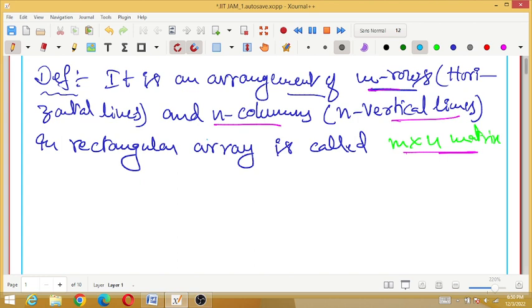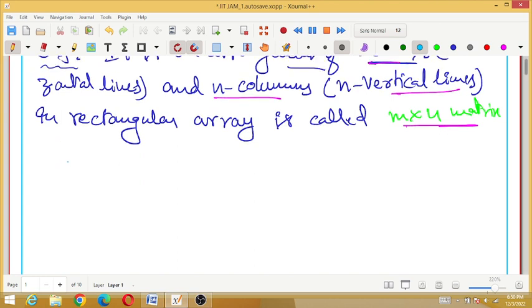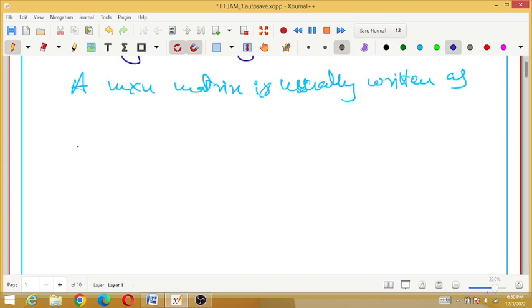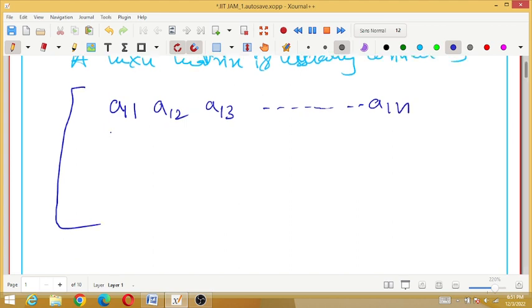Now next, an m by n matrix is usually written like this, in a closed bracket. The first row is A11, A12, A13, and so on, up to A1n. Next, the second row elements: A21, A22, A23, and so on, up to A2n.